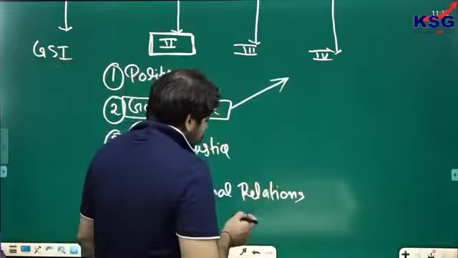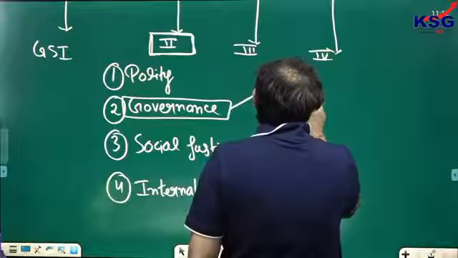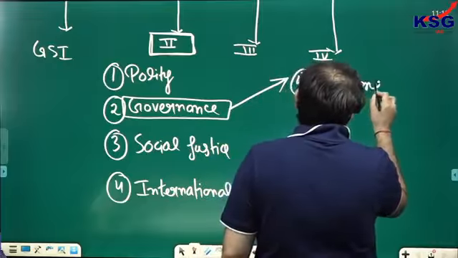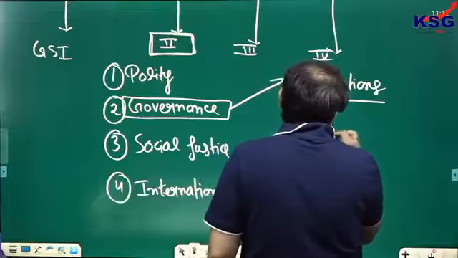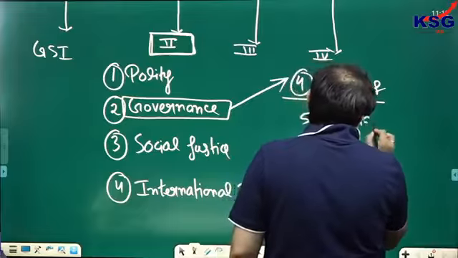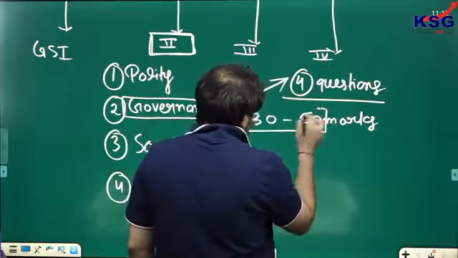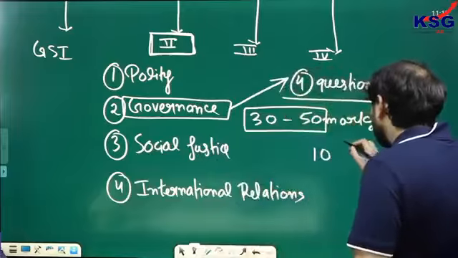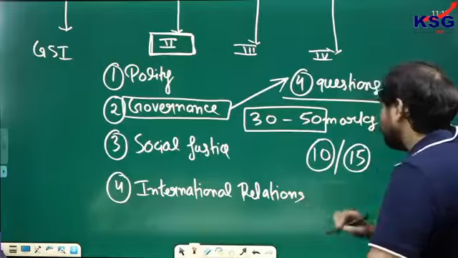Every year in the GS2 paper, you can expect about 4 questions from governance, which is a total of about 50 marks. In fact, I can make a range out of it, 30 to 50 marks. Sometimes the questions are of 10 marks each, sometimes 15 marks, some questions, and 10 marks, some questions.